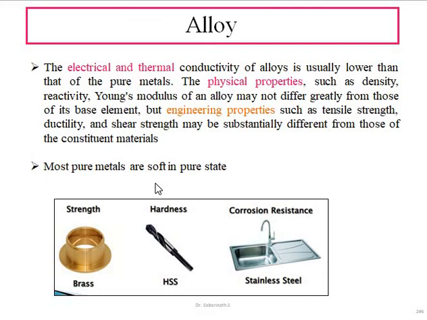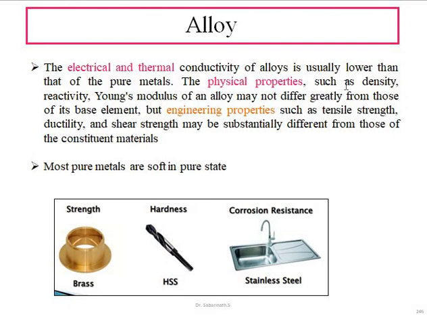Okay, another concept you need to understand is that the electrical and thermal properties are not enhanced by an alloy. In other words, the electrical and thermal conductivity of an alloy is usually lower than that of pure metals. We cannot say it's better than pure metals.